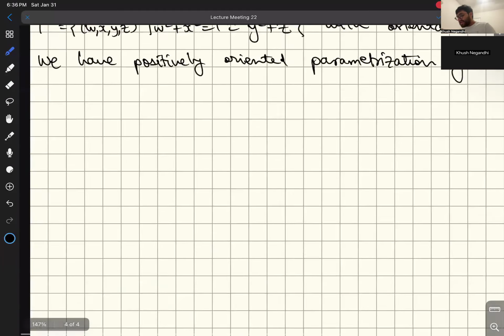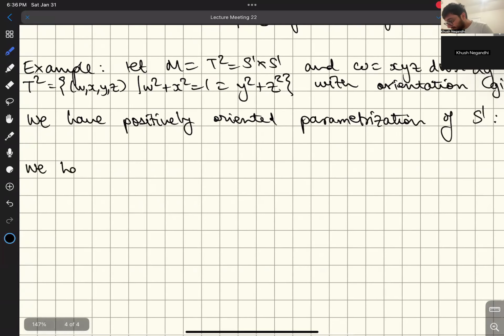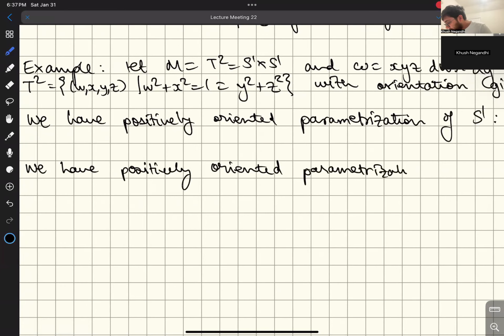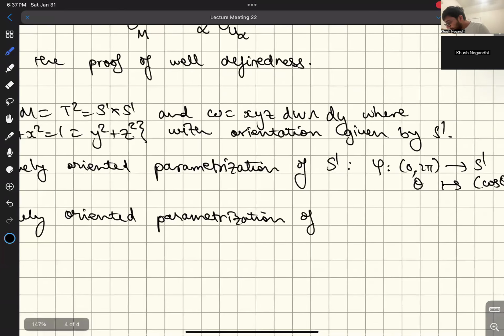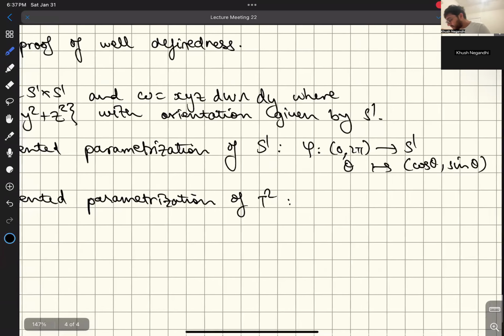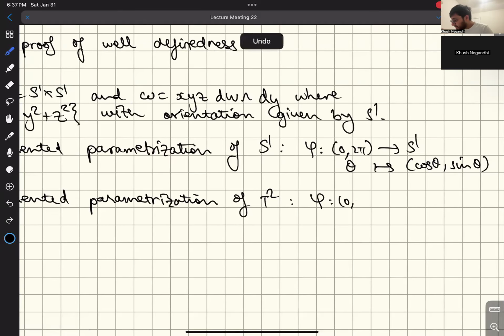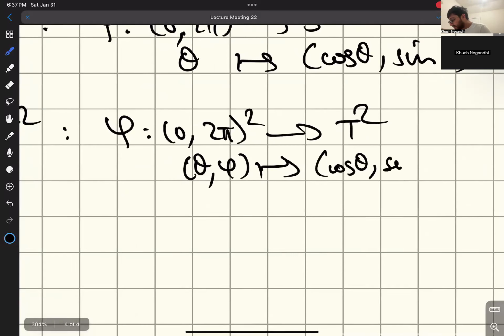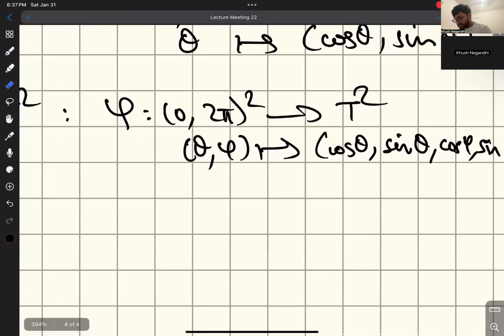So this means that we have a positively oriented parameterization of T2 given by, I'll just call it the same thing phi, and it takes in two points, theta and phi, and maps you into (cosine theta, sine theta, cosine phi, sine phi).